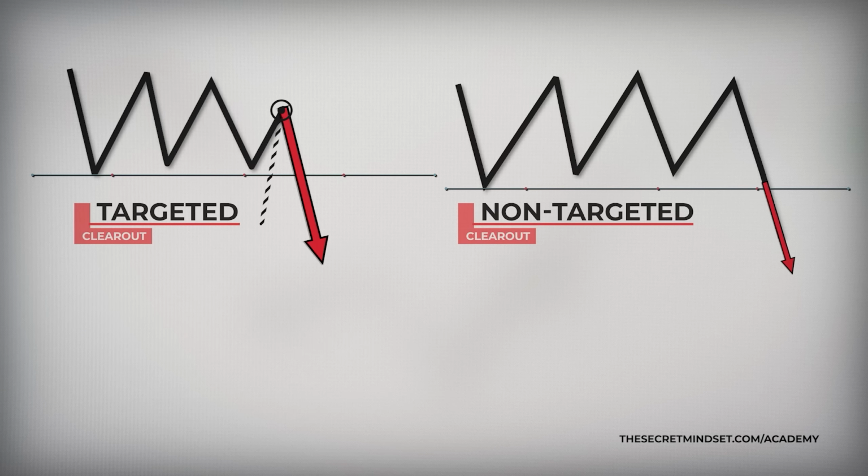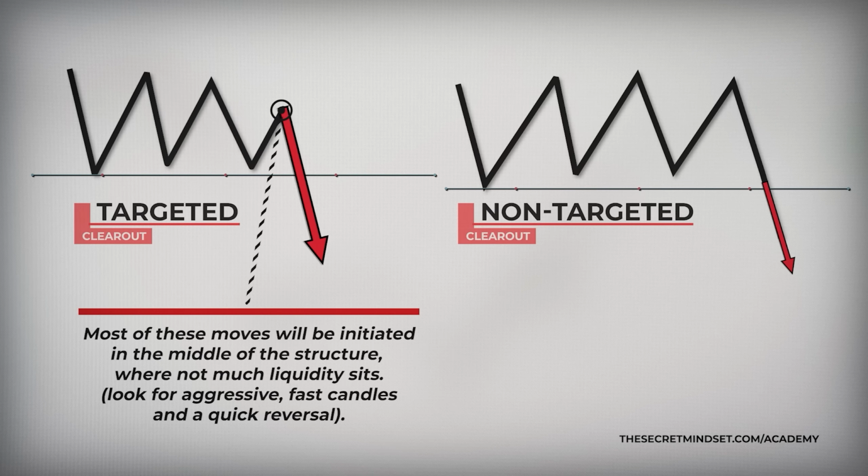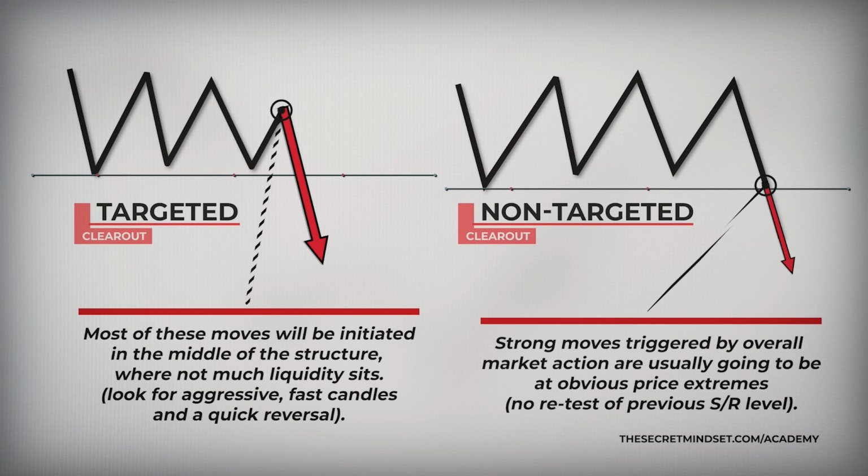In the case of a targeted attempt, most of these moves will be initiated in the middle of the structure where not much liquidity sits. Meanwhile, strong moves triggered by the overall market action are usually going to be on very symmetrical and obvious price extremes.